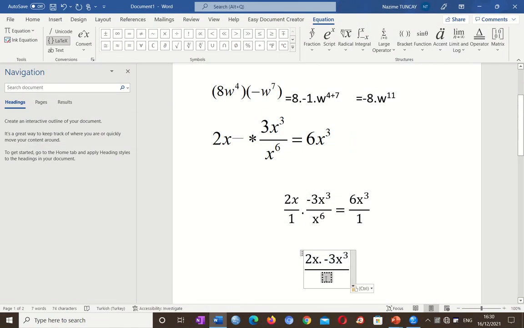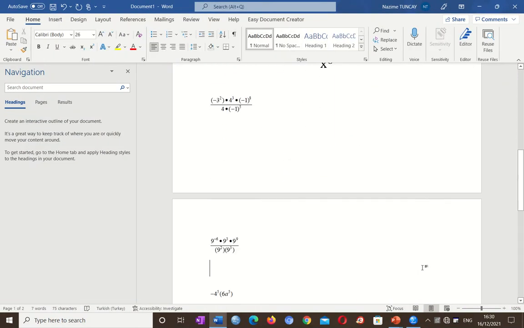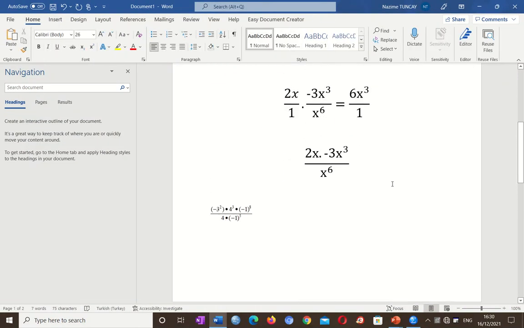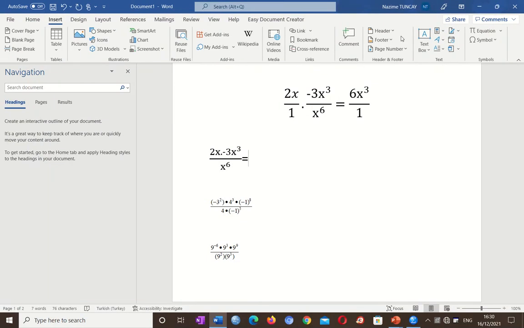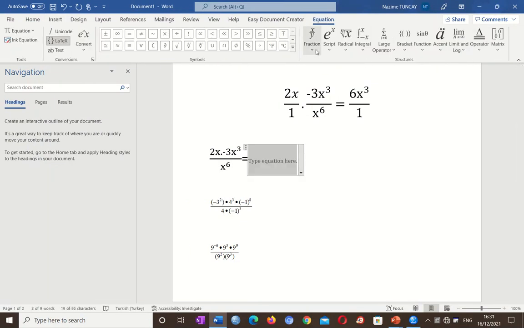And I have here 1 multiplied by x to the power 6, and that's x to the power 6. And that's equal to 6x to the power 3 over 1.